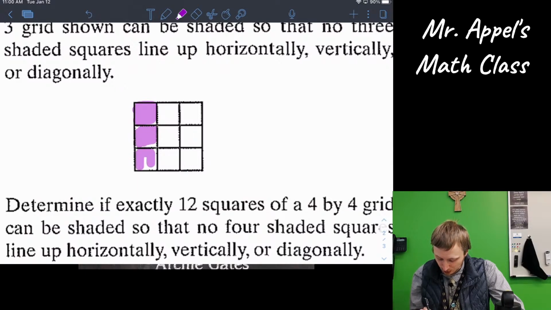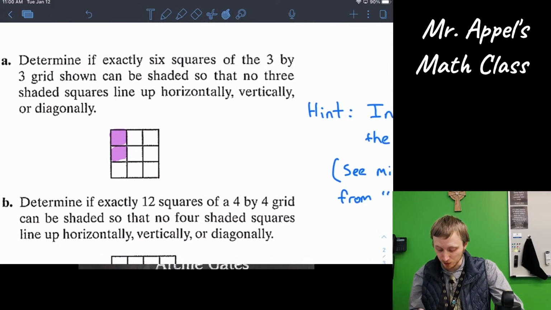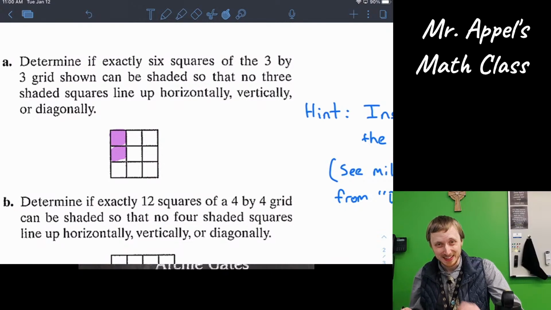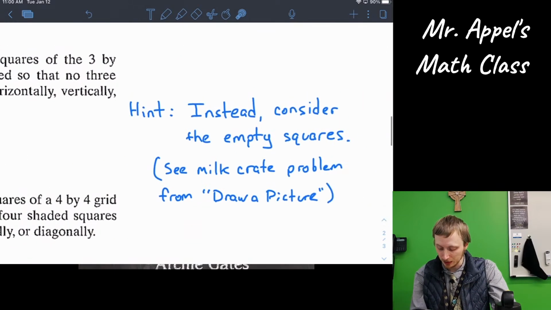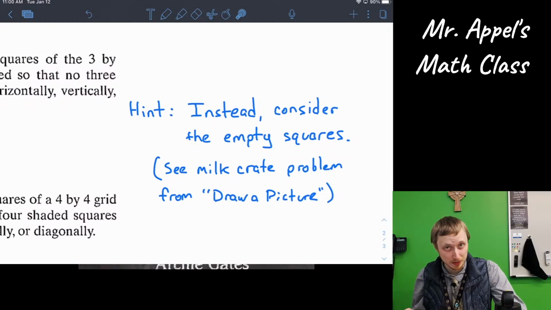And then we shade the third square. No, wait, that's a line. Oh, shoot. Okay, so we can't do that square. Find a different square, right? Can you fill in 6 squares that way? If that sounds like a lot of things to keep track of, well, there's 9 squares total. You're filling in 6, so what if instead you considered only the 3 empty squares?